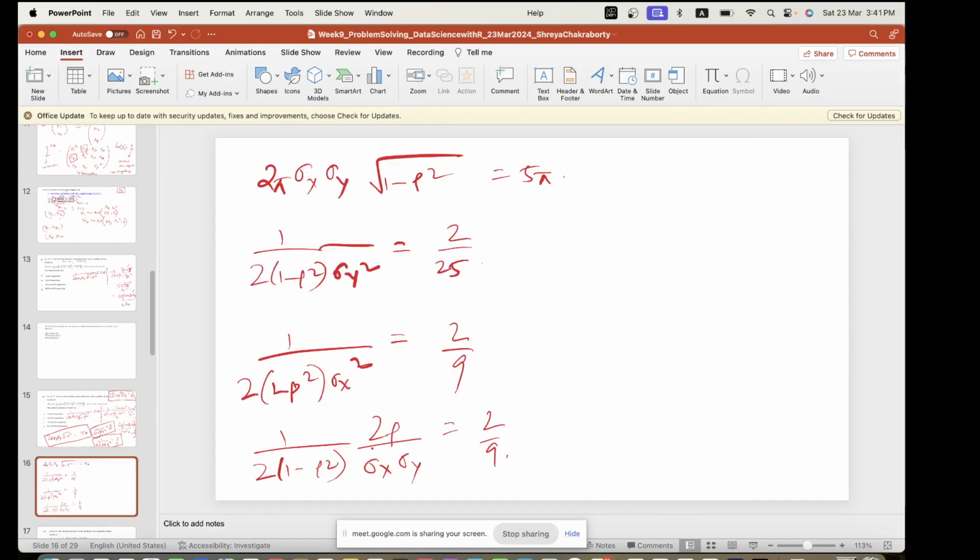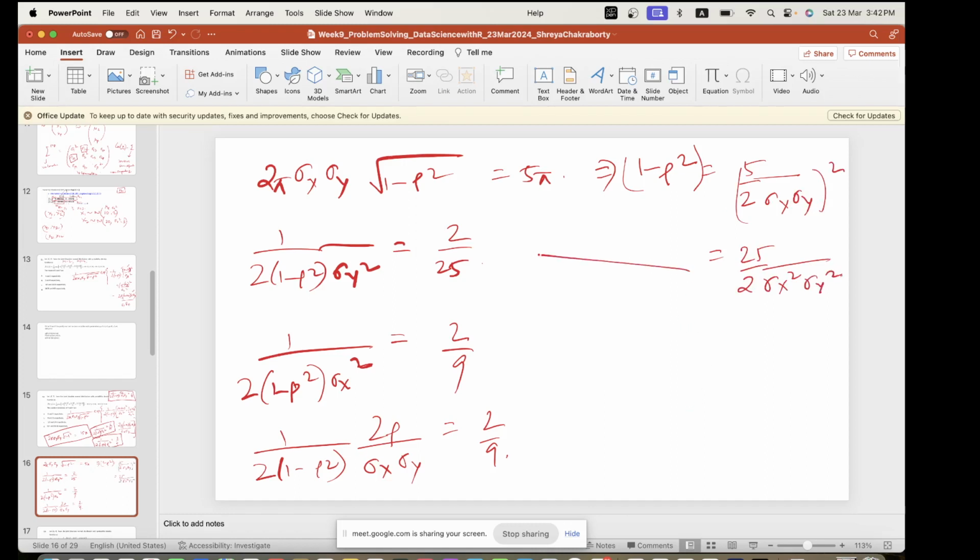So if we just solve this, how much do we get? From here we can write 1 minus rho square is equal to 5 by 2 sigma x sigma y whole square, so this is 25 by 2 sigma x square and sigma y square.